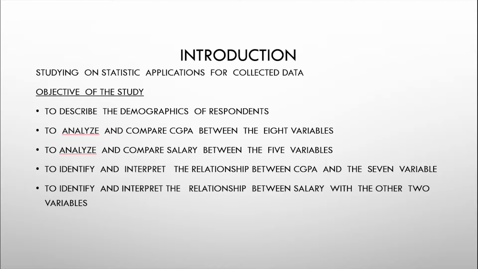The next objective is to identify and interpret the relationship between CGPA and 7 variables, which are SPM Max, SPM English, MUET, total semester, working experience, and salary. And the last objective is to identify and interpret the relationship between salary and 2 other variables: total semester and working semester.